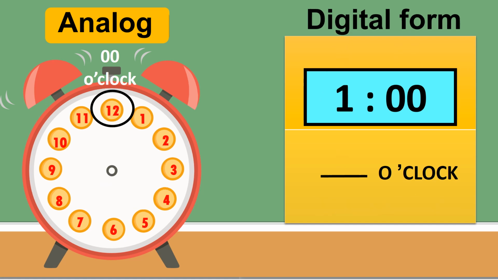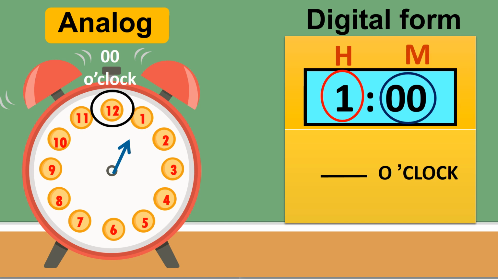Let's see that clock. I have here digital form 1, 0, 0, which means that 1 refers to hours. So the short hand points to 1. 0, 0 refers to minutes.